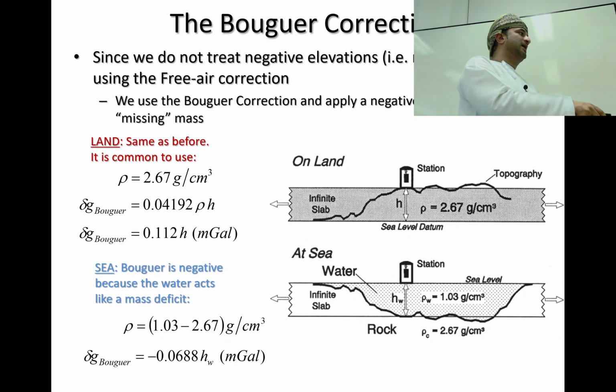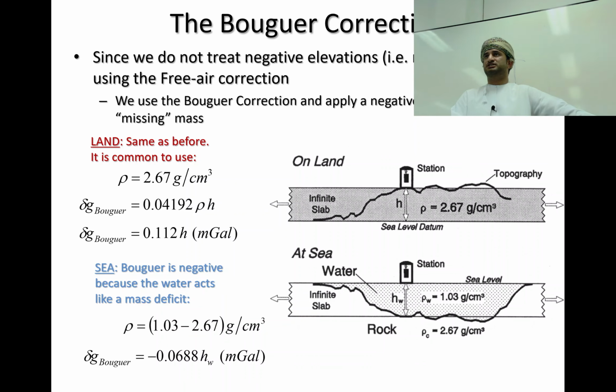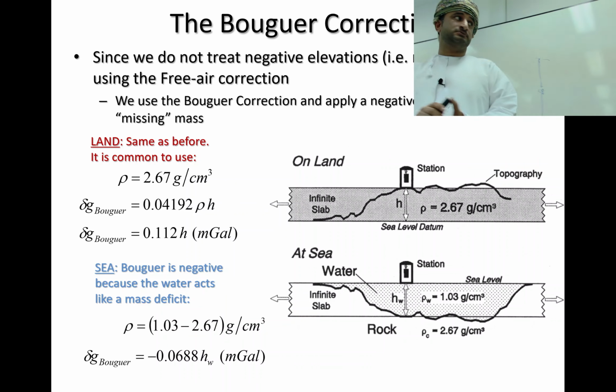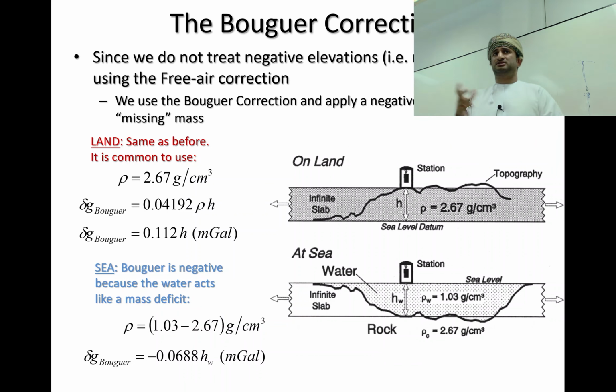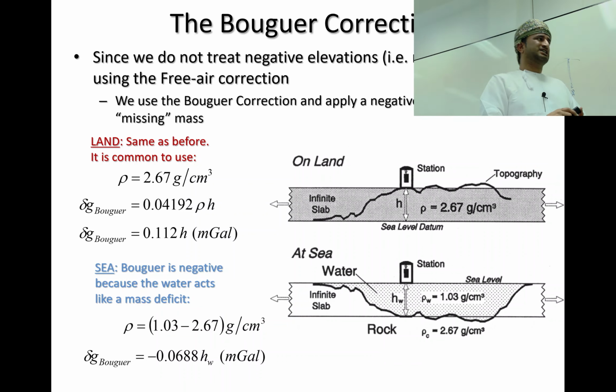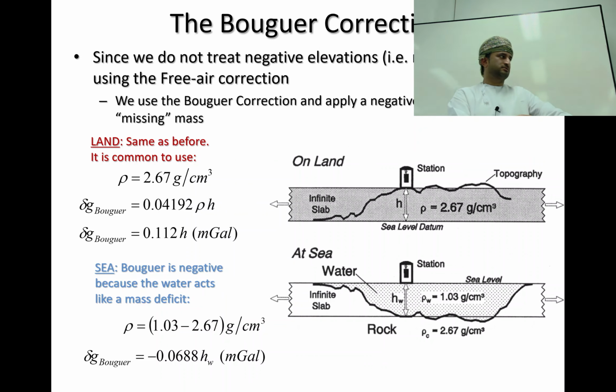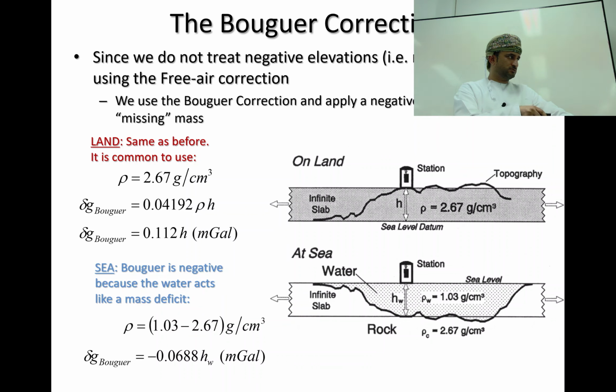If you are in a marine, offshore survey, what is the average density of the rock? What's the density of water in gram per cc? 1. But seawater has some salinity, so its density is a bit larger than 1. So we subtract the density of rock from the density of seawater.